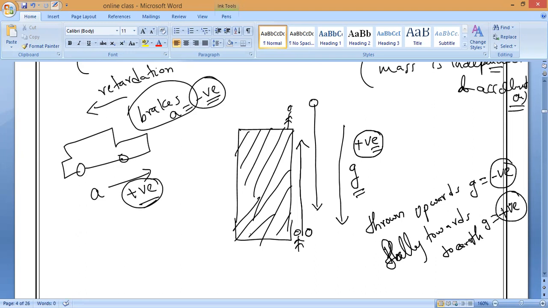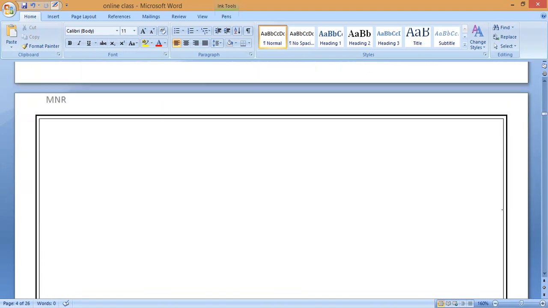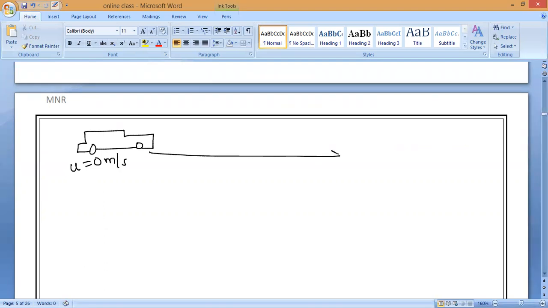Now, sir, why? Let us discuss in detail. Let me imagine, for example, Arun Kailash is moving in a car. He is starting from rest. What is the initial velocity? He keeps on driving, and velocity keeps on increasing. So he is applying force in which direction?